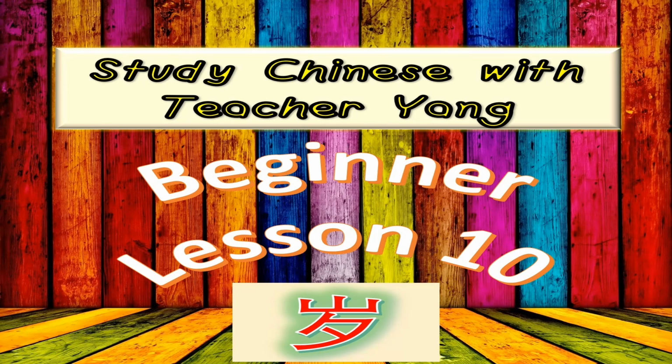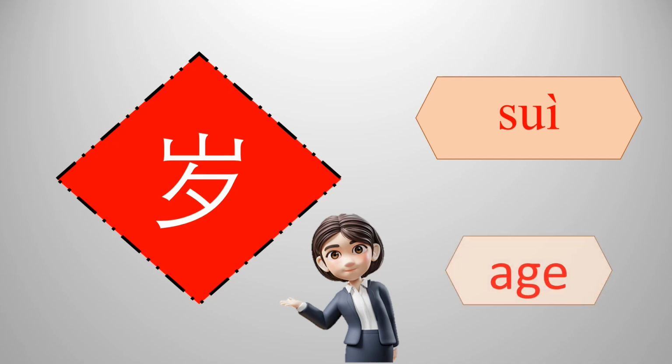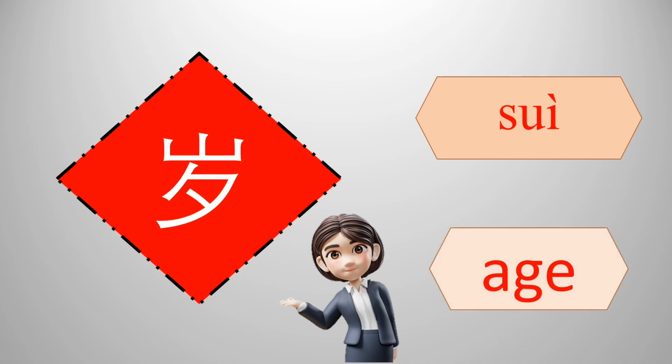First, let's have a look at today's word. Our main word for today is suì. Suì means age. Let's have a look at how you write this pinyin for suì.